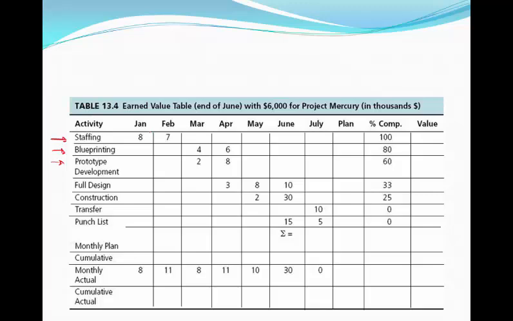February, another $7,000. So the overall spend for the staffing activity would be $15,000. A time-phased budget, what that means is breaking down when your cash flow is going to happen.